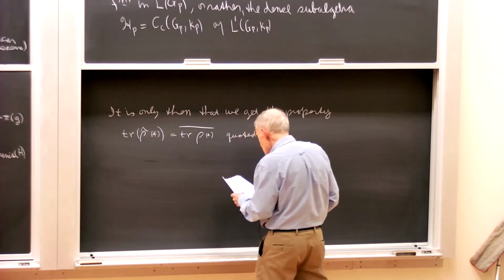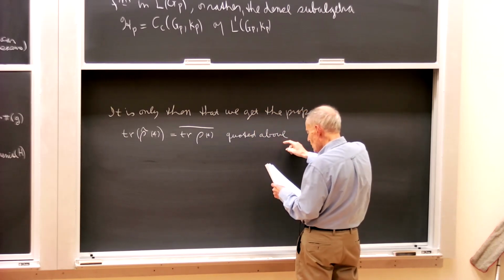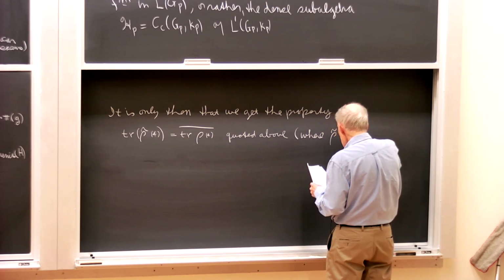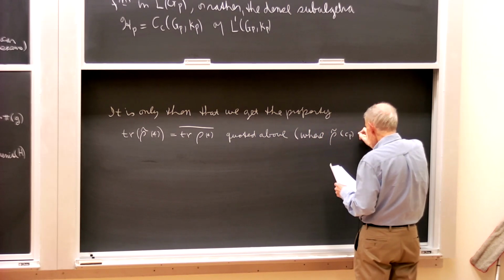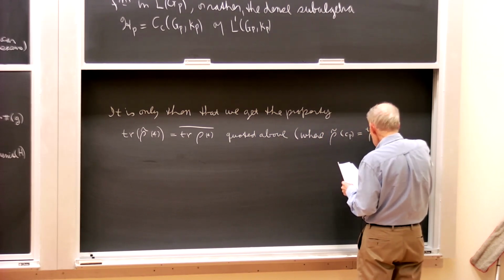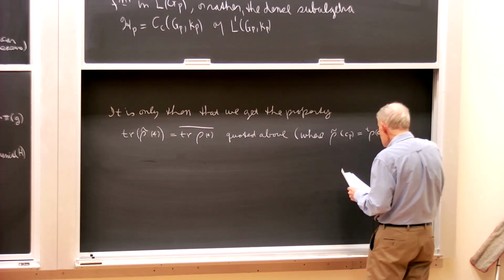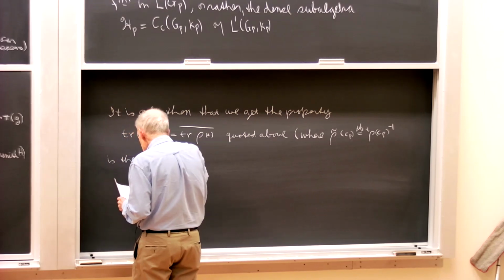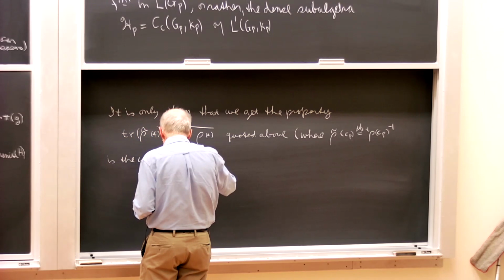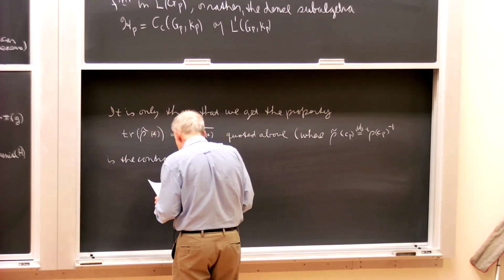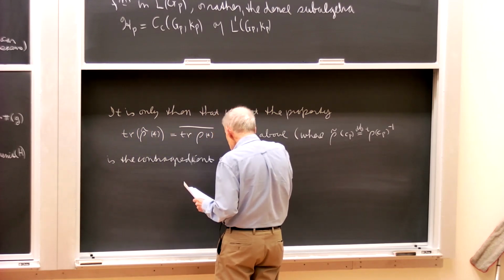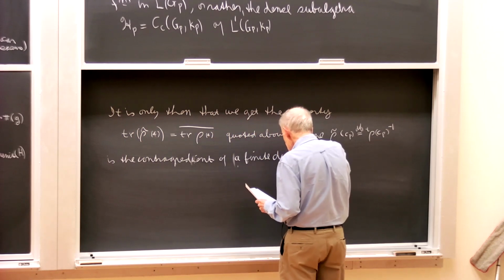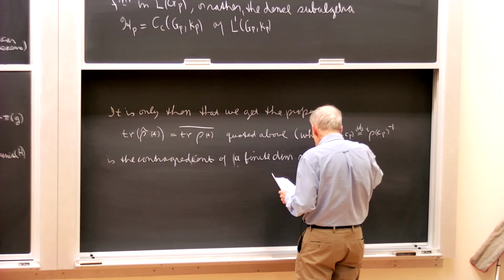This is for a representation where rho tilde of c_p, let's say, c_p just being a variable, equals rho of c_p to the minus 1, that's the definition, the contragradient of the finite dimensional representation rho of G hat.